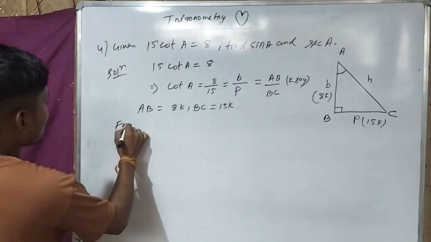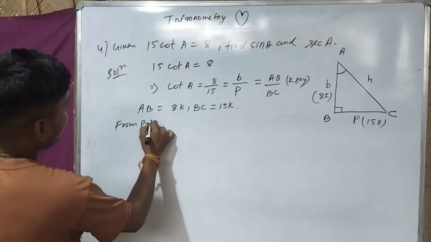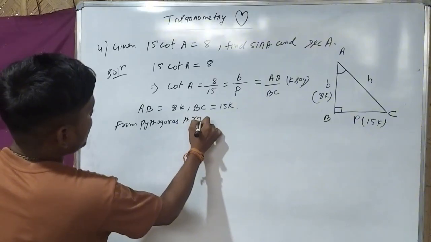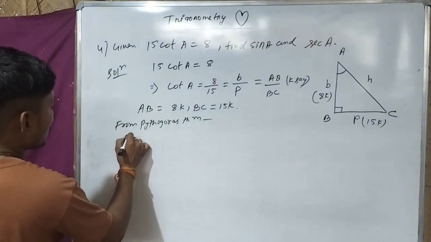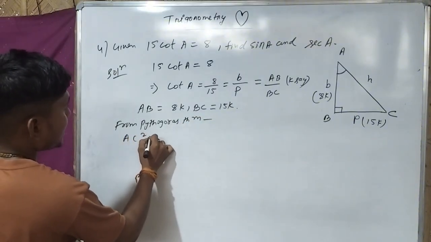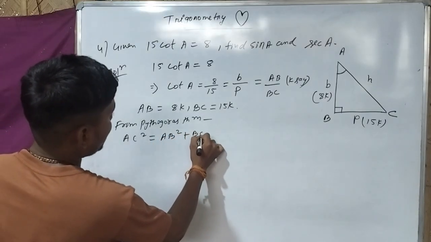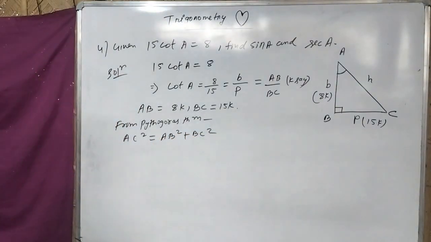So from Pythagoras theorem, hypotenuse AC square equal to AB square plus BC square. AC is the hypotenuse, AB is the base, and BC is the perpendicular.